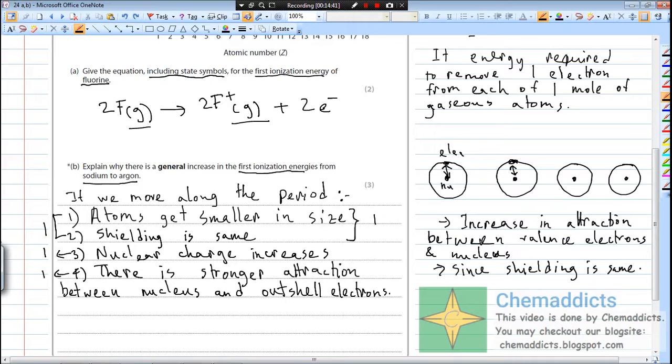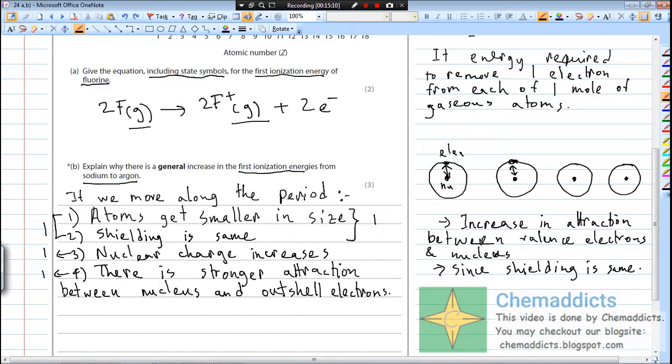Always remember that size and shielding are treated the same. So it is wise to talk about atomic size and shielding separately. This would provide proper security to gain marks.